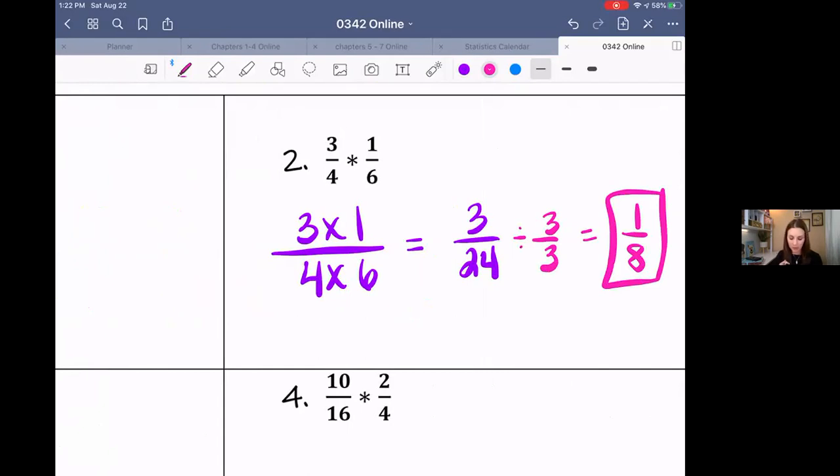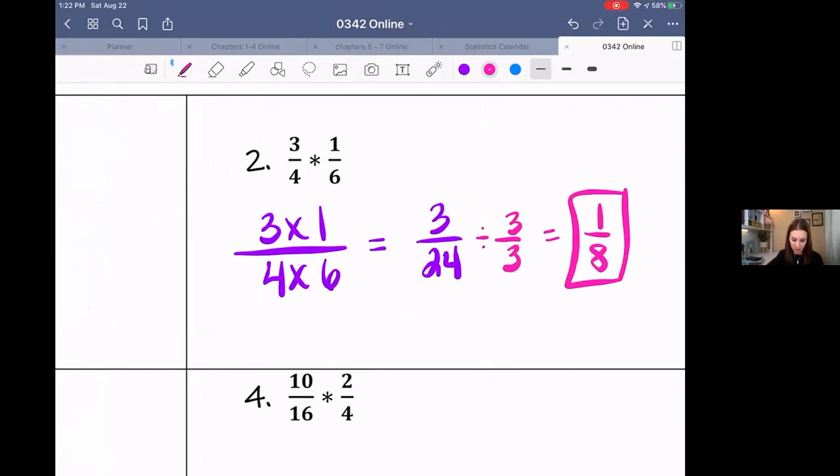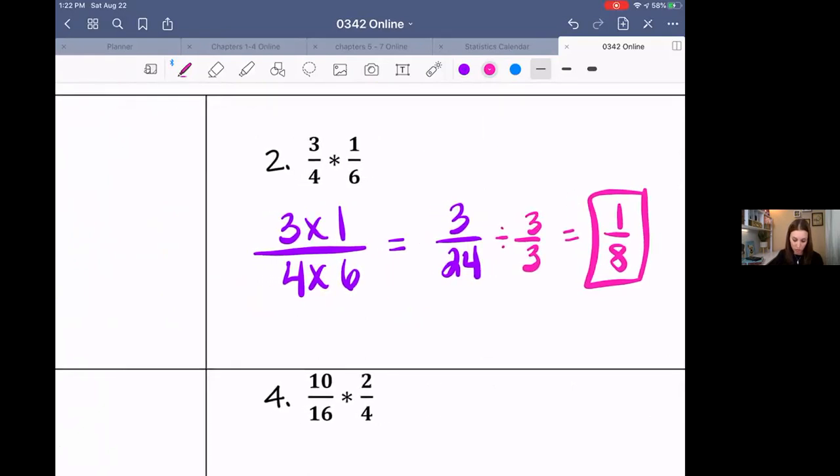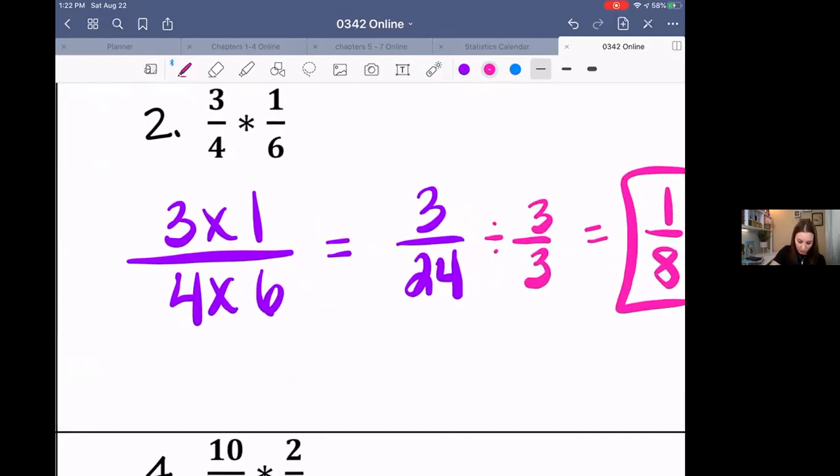I do want to point something out before we move on. This might help you. If you can't see it or don't like it, then you don't have to do it this way. You'll notice that I have a 3 in the numerator and a 6 in the denominator. You can reduce before you multiply if you want. If I were to reduce it, 3 and 6 are both divisible by 3.